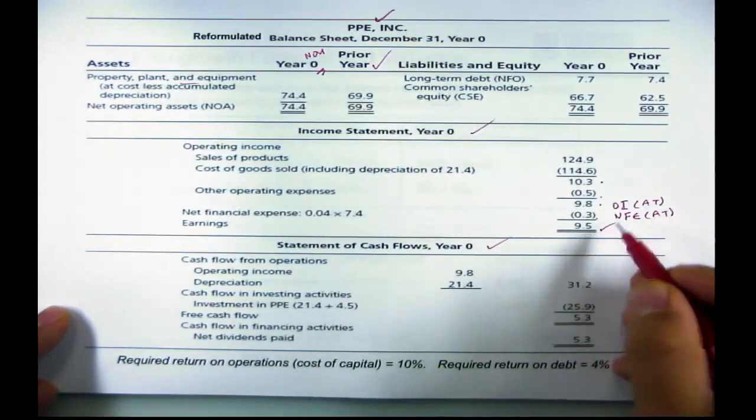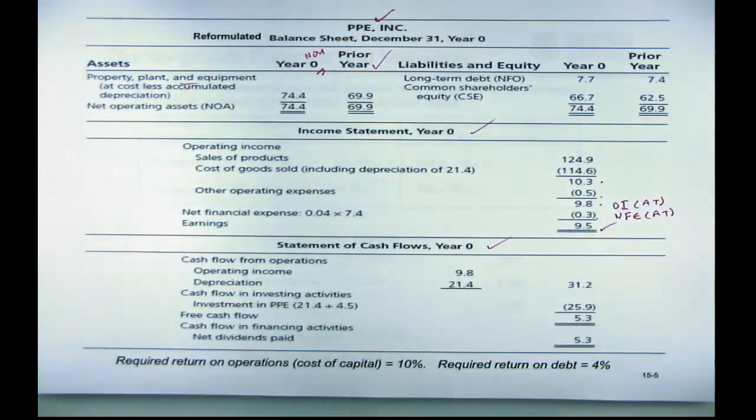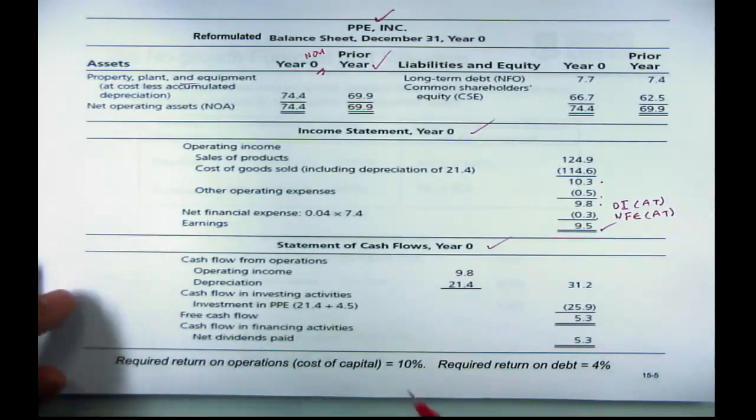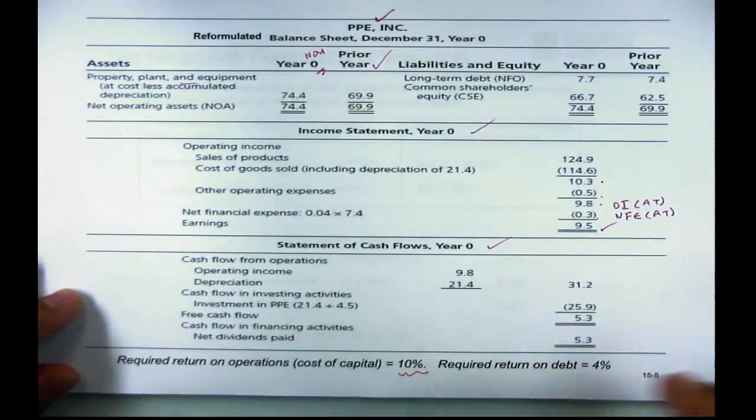And this is the earnings or comprehensive income. Note that it is assumed that the cost of capital for this firm is 10% and the cost of debt is 4%.